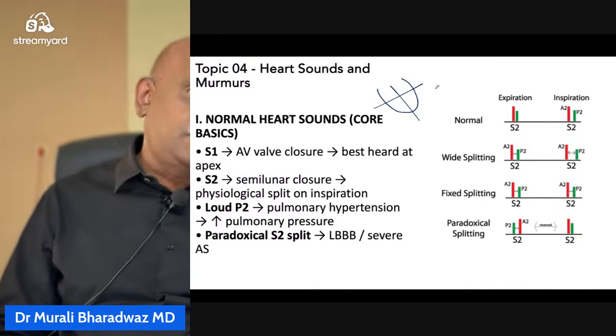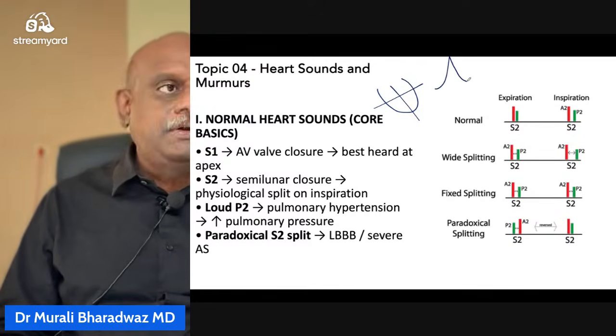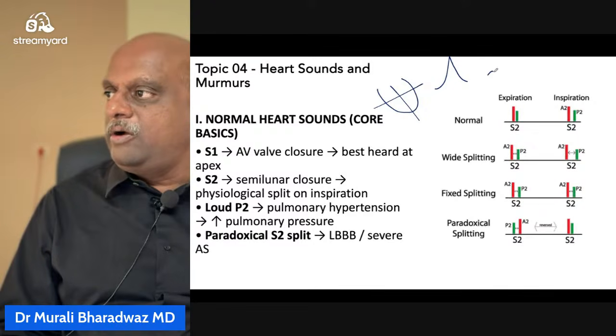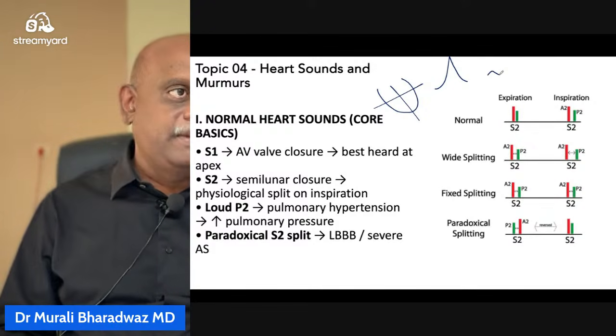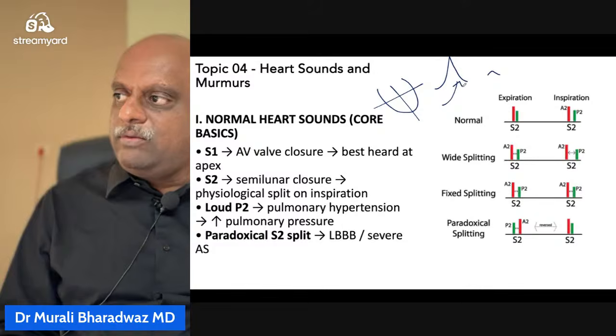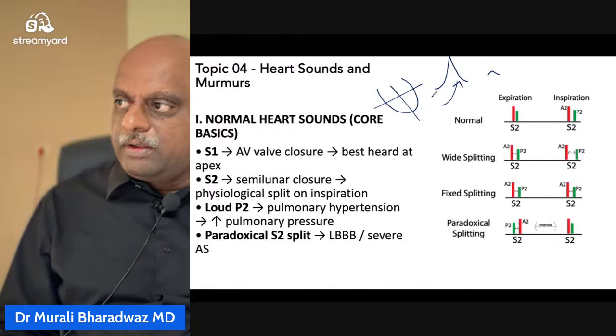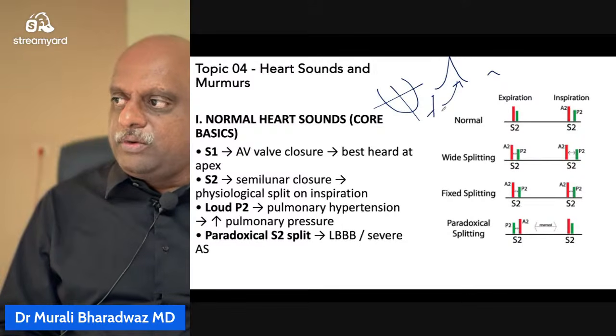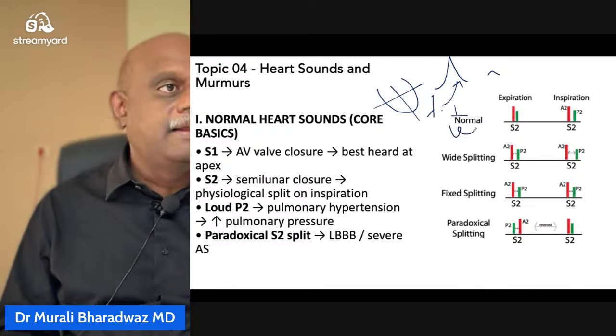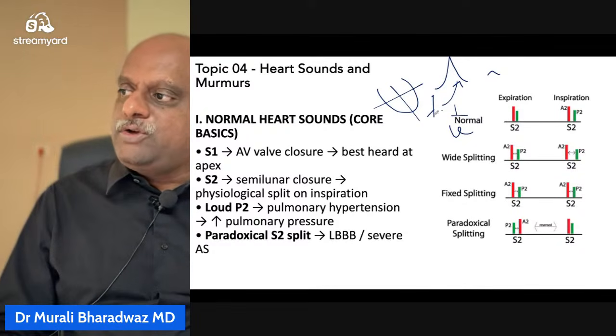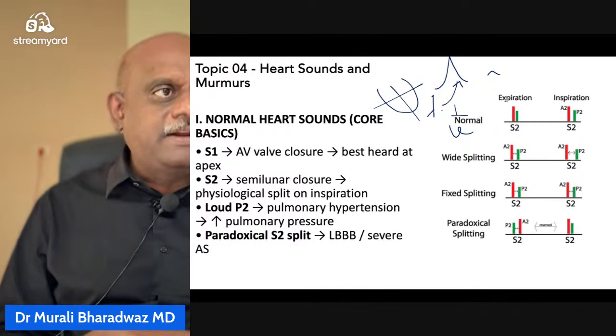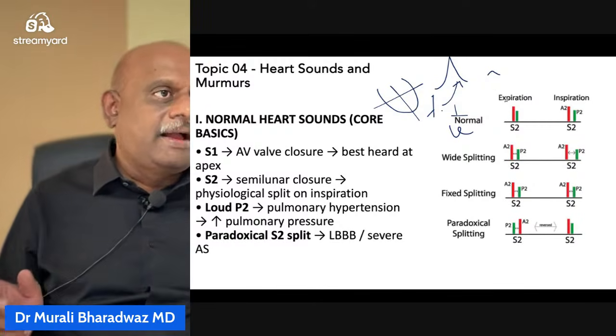If you look at the heart sounds, they can be of high amplitude or they can be of low amplitude. High amplitude will have low frequency, low amplitude will have high frequency.